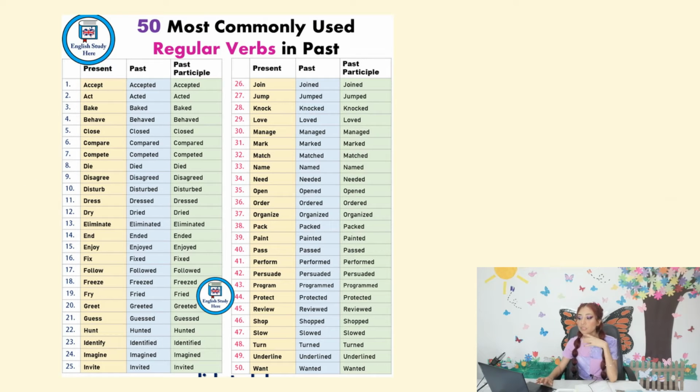Okay, so remember that in English we have regular verbs and irregular verbs. Regular verbs are the ones that you just add ed at the end.